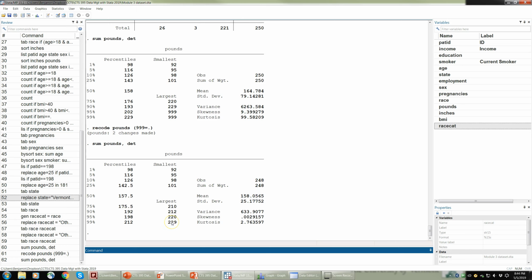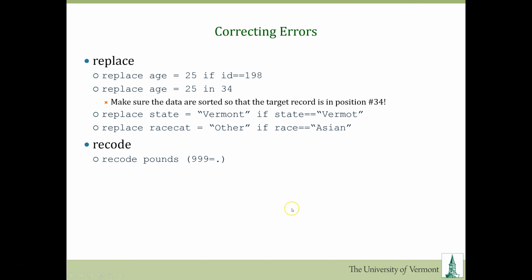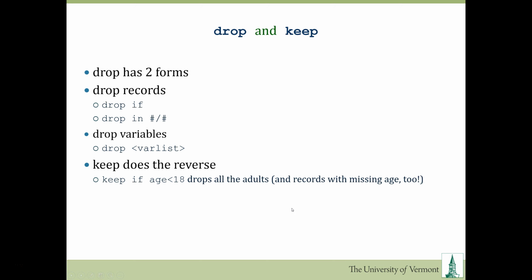Our largest one used to be our third largest one, and the mean has fallen from 164 to 158, and that makes sense. Unfortunately, you can only use this on numeric values.